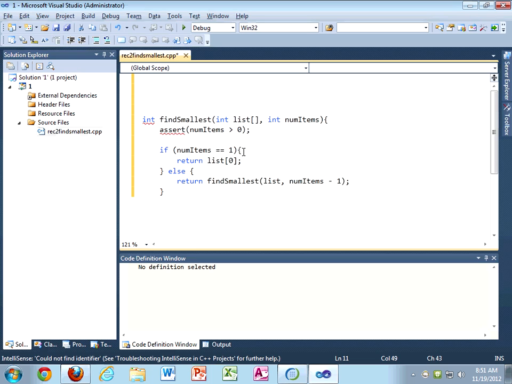I guess not. It's going to return smallest item. Okay, it's going to return the smallest item in a list, one smaller than list.